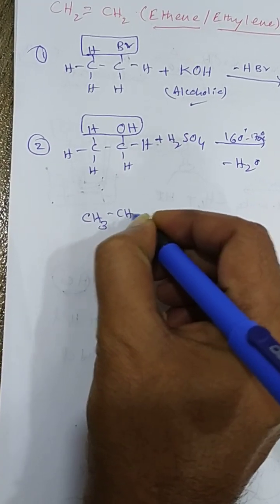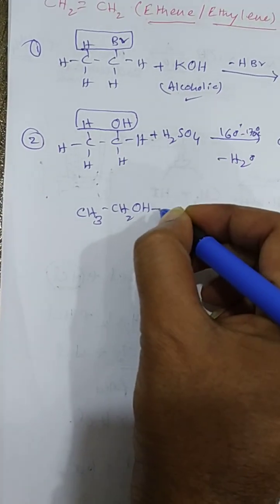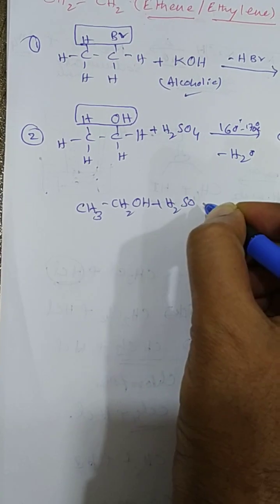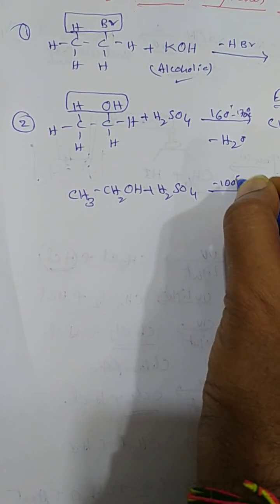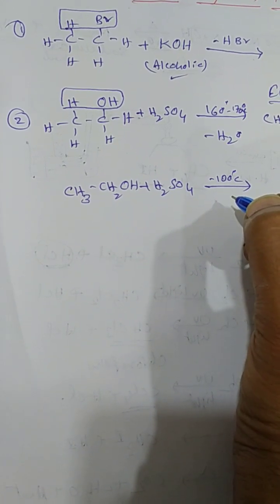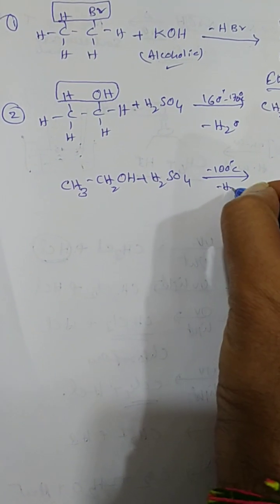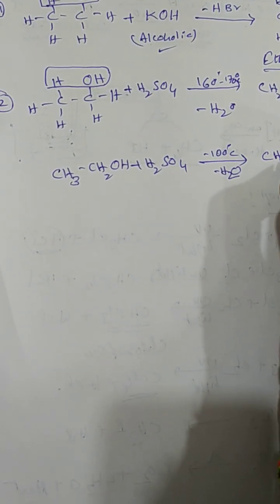CH3 CH2OH, while reacting with H2SO4, sulfuric acid. First he makes the reaction at 100 degrees centigrade. So it makes CH3 CH2 HSO4.